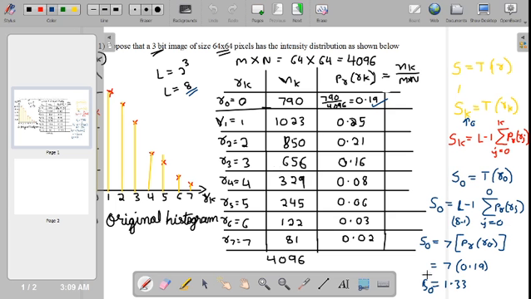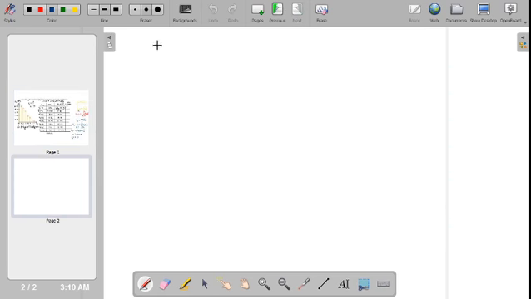Next, let us calculate S1. We have the formula sk equals L minus 1 into the summation j equals 0 to k of p r of r j. Now we need to find it for k equals 1.